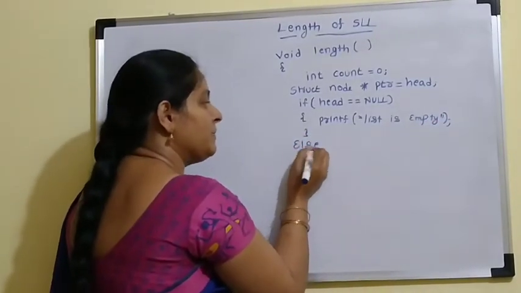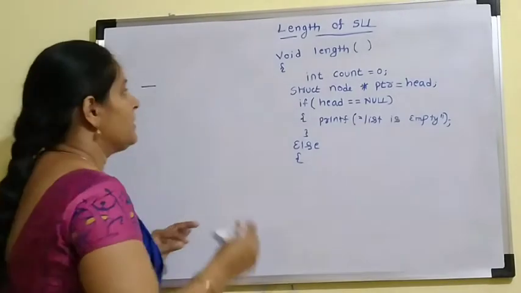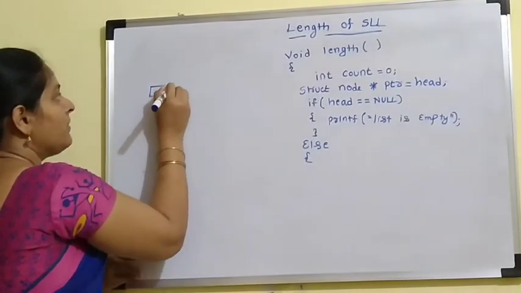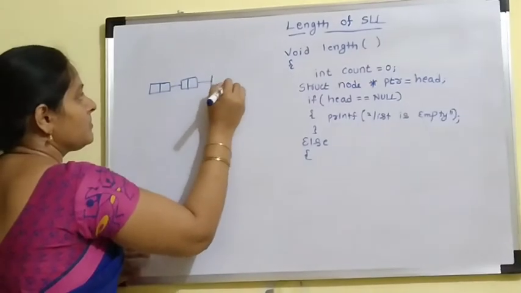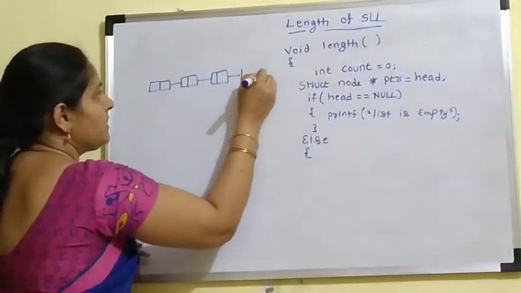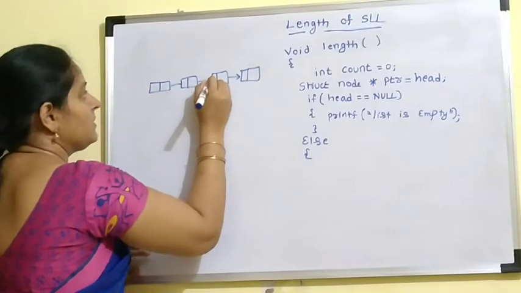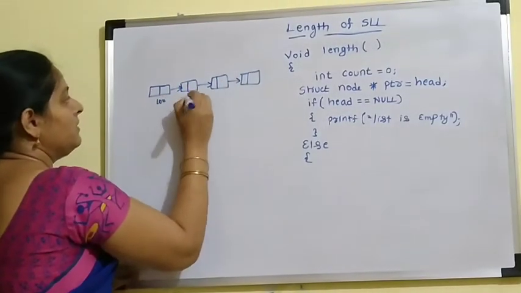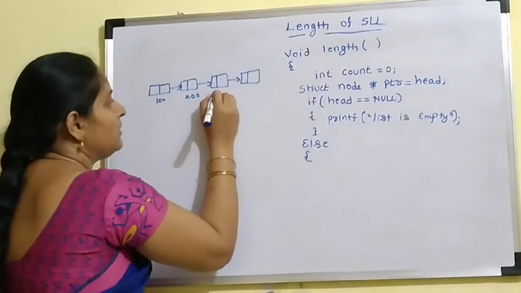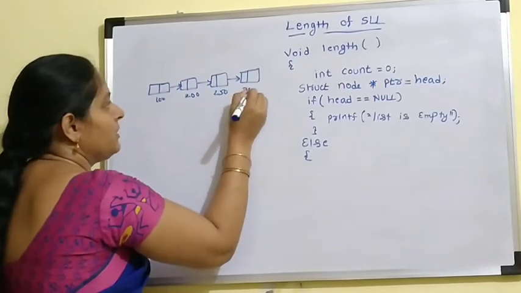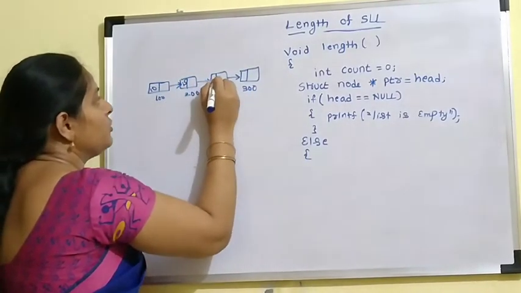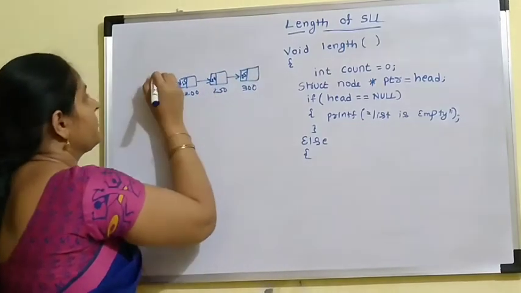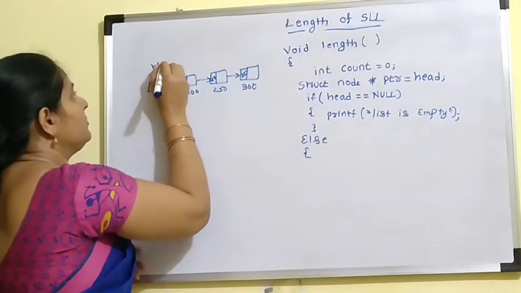If the list is not empty, in this case just assume that our list contains 4 elements: 100, 200 or 250, 300, 10, 15, 20, 25, and this is our head node.